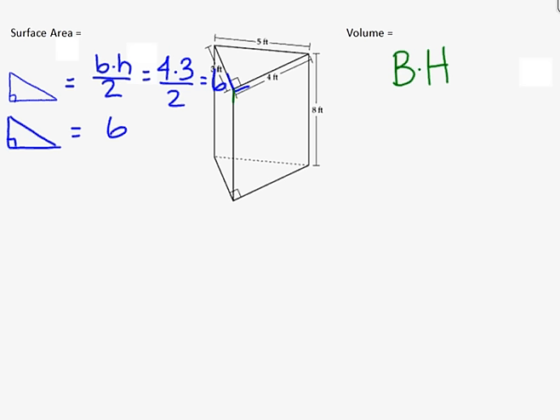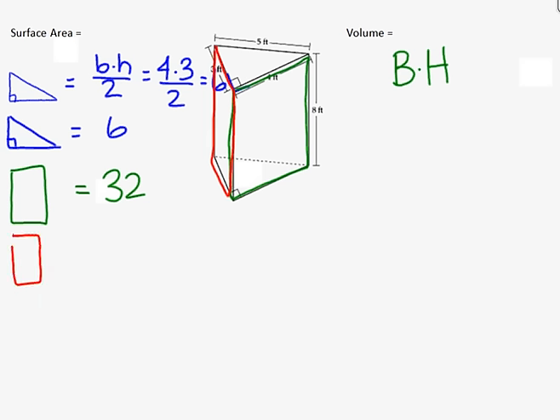So this rectangle right here is an 8 by 4. So that's going to give us an area of 32. Then we have this side rectangle, which is 3 wide and 8 tall. Just a little bit skinnier. 3 multiplied by 8 is 24.